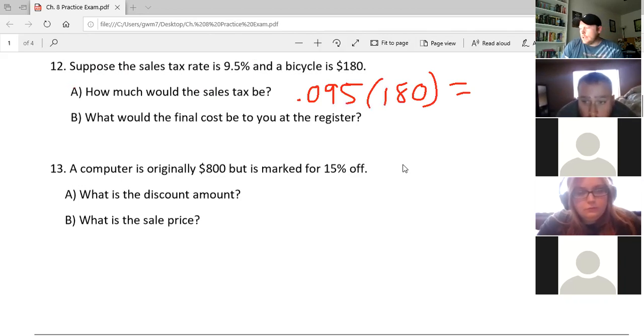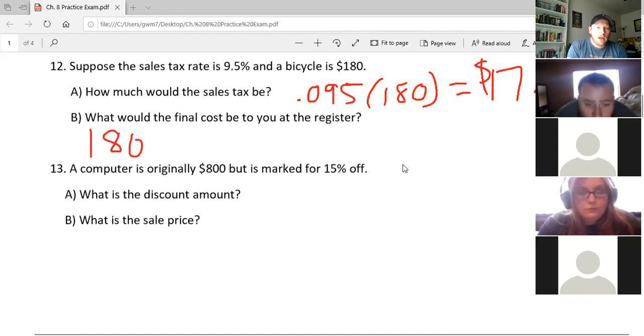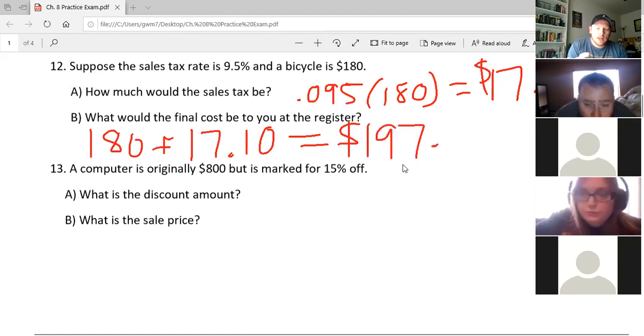And when I plugged that into the calculator, it gave me 17.1. And I changed that to money. So I need 2 decimal places. That 0.1 becomes 0.10, or $17.10. The final cost, well, it's the 180 plus the sales tax that you have to pay. So when you add that, you get $197.10.